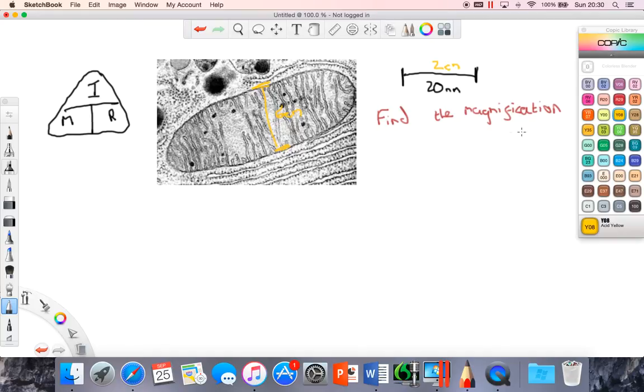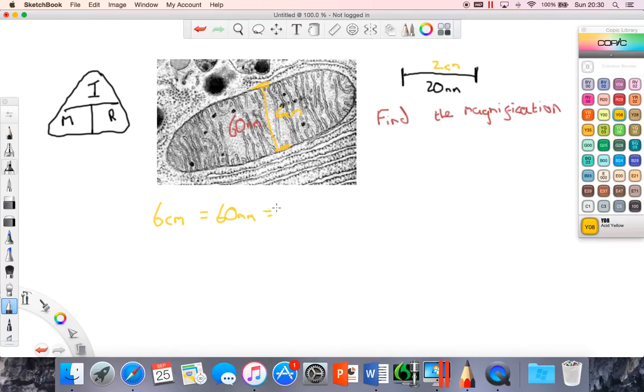The width of this is 60 nanometers, because we've got 6 centimeters, and each 2 centimeters is worth 20 nanometers. You now need to work out your image size using this measurement. You've measured that this is 6 centimeters. That is equal to 60 millimeters.